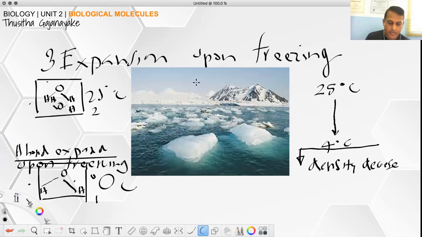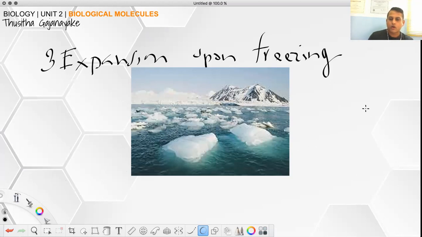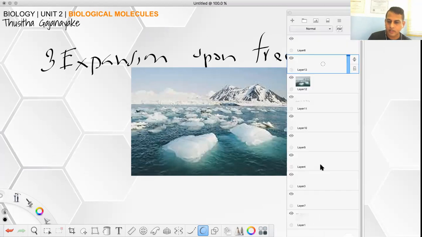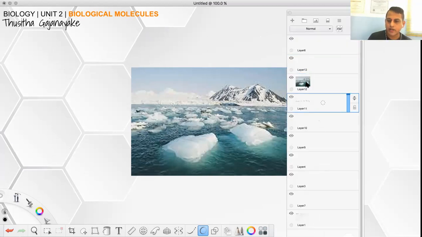Right, then there is an MCQ question, but the MCQ question needs a little bit of knowledge of plants, which we haven't done, but we can give it a try. Let's see the question. Okay, this is the question. You can give it a try.